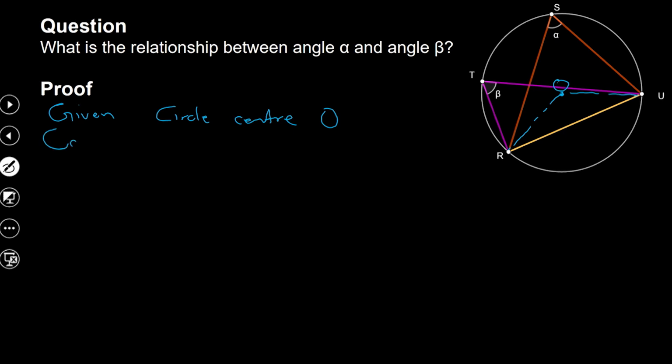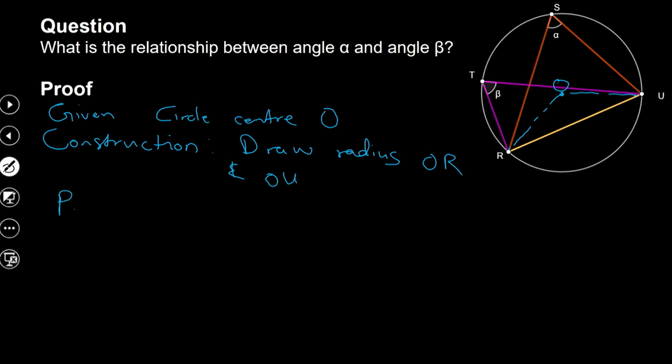Our construction here will then be: draw radius OR and OU.